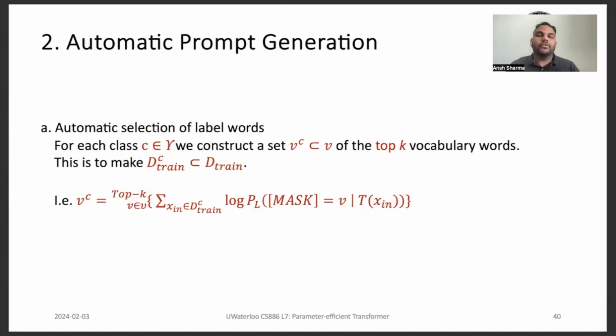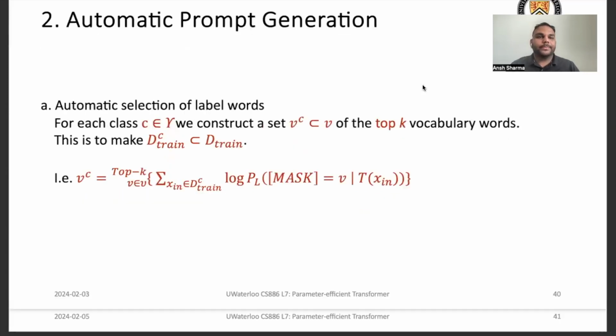The second step, automatic prompt generation, is divided into two parts: automatic selection of label words and automatic generation of templates. In the automatic selection of label words, a set of top-K vocabulary words is constructed for each class.